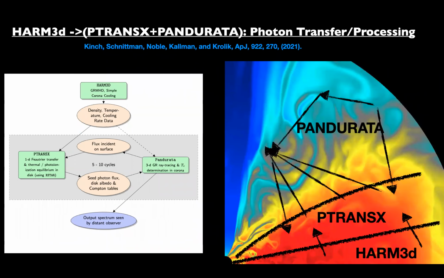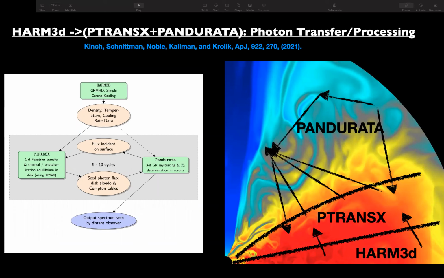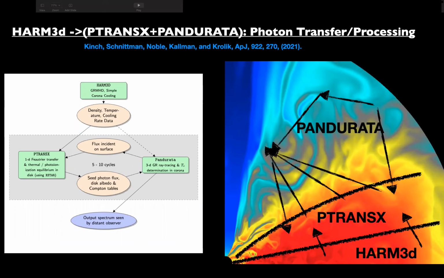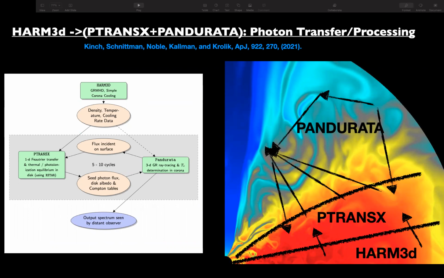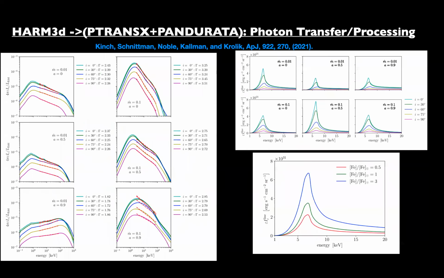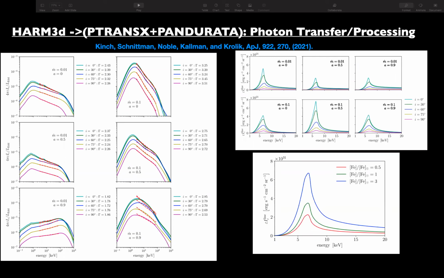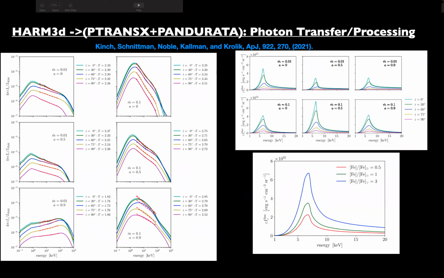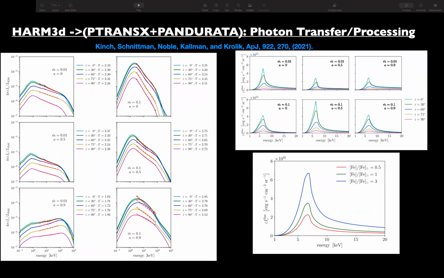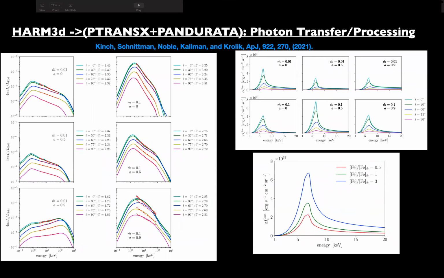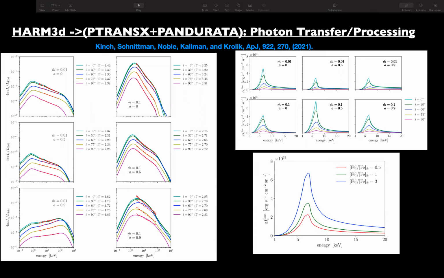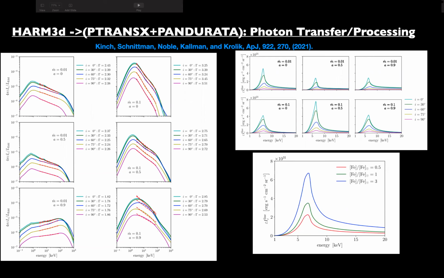Now we want to eventually have Pandorata feed back into ptransx, close the circuit, and we've done that too. These are now using the self-consistent cooling in Harm, ptransx to find the ionization balance, and ptransx then to give us the light, and we can then, as a function of spin, we've done this for different spinning cases, find the iron line.